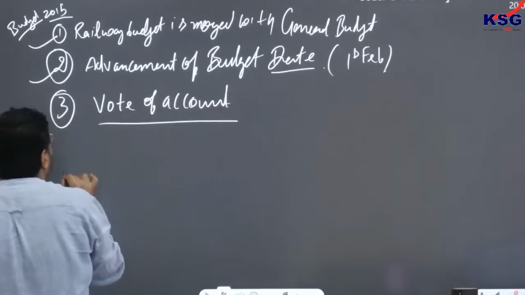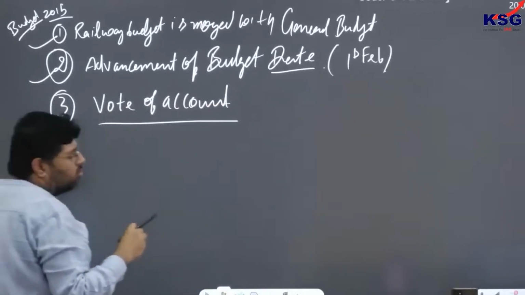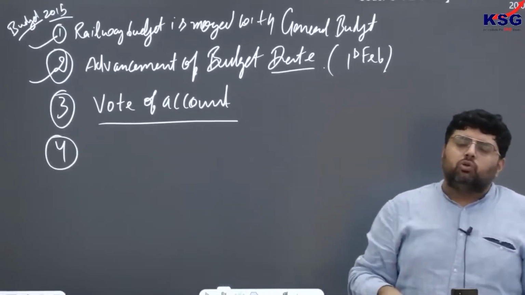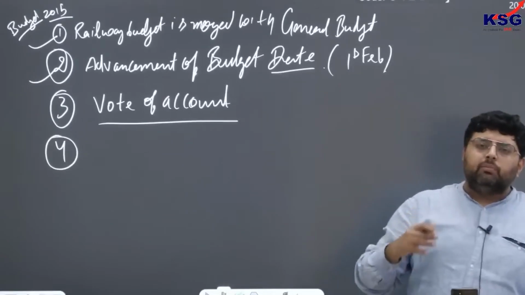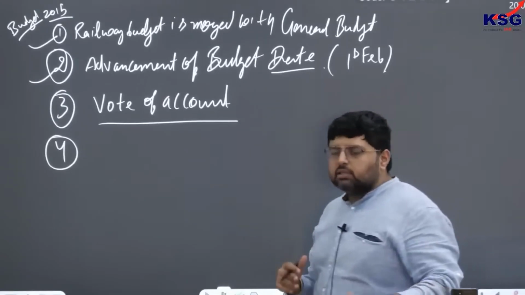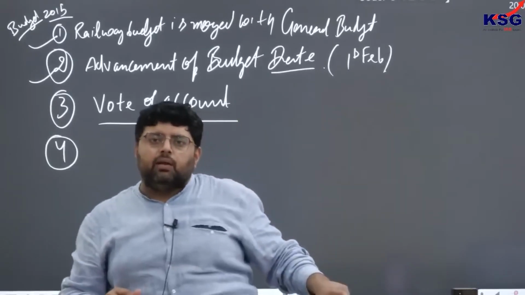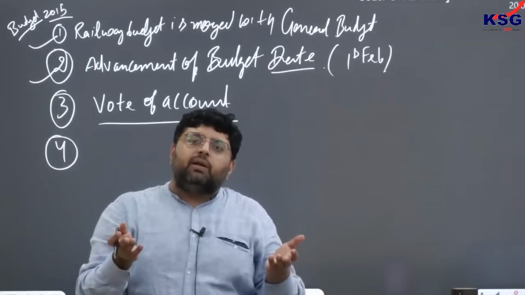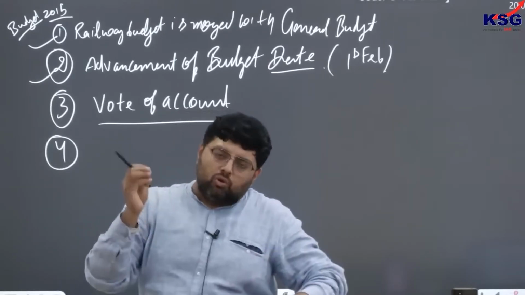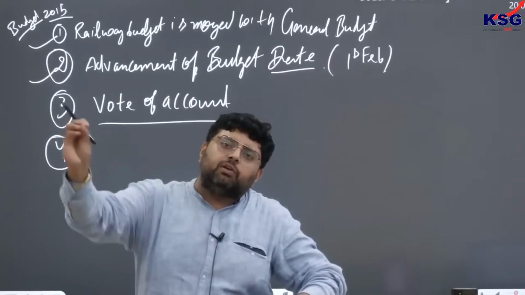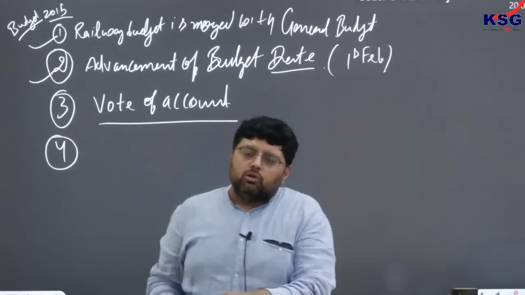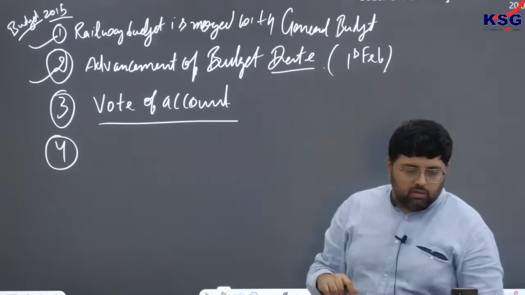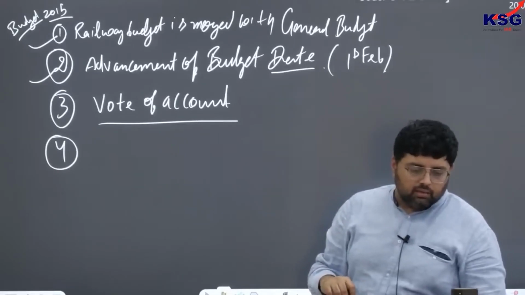Vote on account is nothing but this: earlier the budget process took 50-60 days and went on till the month of April, and the financial year starts from 1st April automatically. So departments need money to spend. So what Parliament used to do, they gave 1/6 of the total budget as a vote on account. Clear?